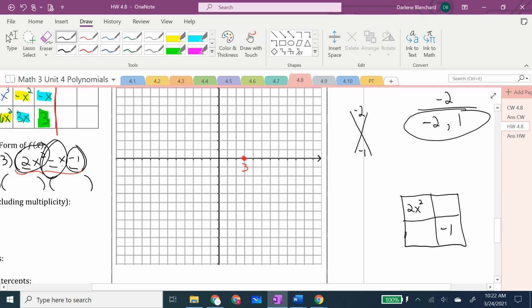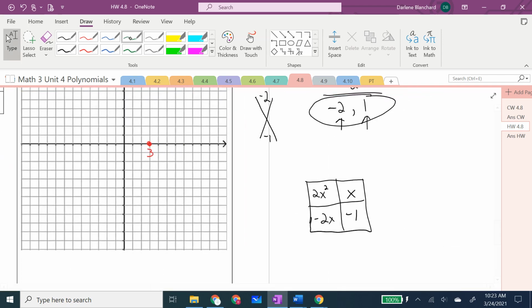And the negative x is broken up as a negative 2x and a positive 1x. Then I want to look down this column, but I can pick either column 1, column 2, row 1, row 2, whichever one you prefer to start with.